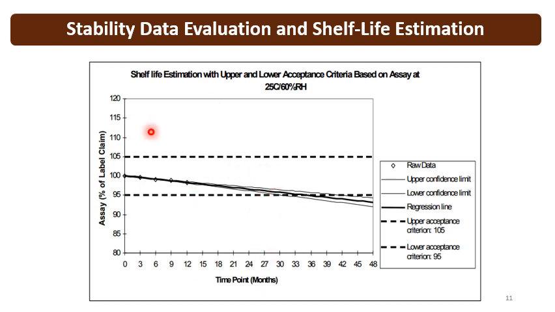So this is the example of extrapolation for assay. Here the data is available for 12 months, and based on that the final time is extrapolated at which the product will have the lowest potency or will have a significant change, a change of 5% in assay of the label claim.